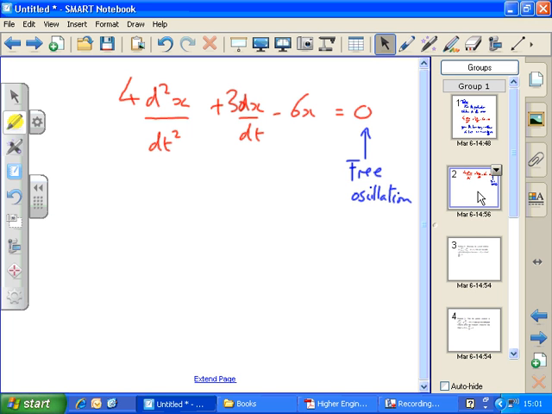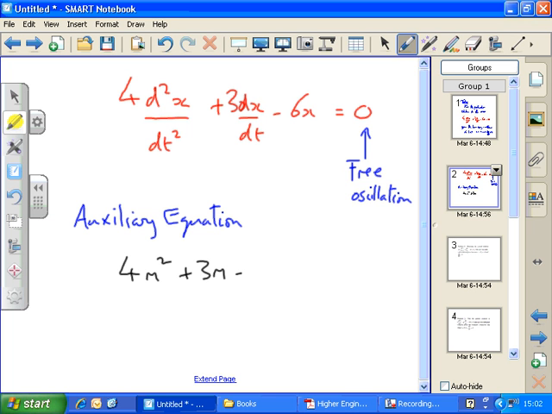So as was outlined last week, the first step here is to form what's called the auxiliary equation. Which means we just replace the d2x by dt squared by an m squared, replace dx by dt by m, and the number x has gone.